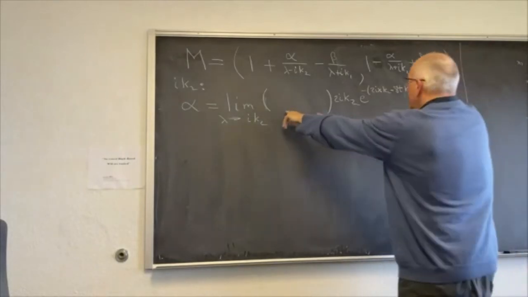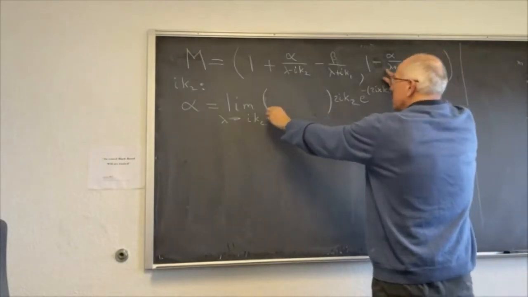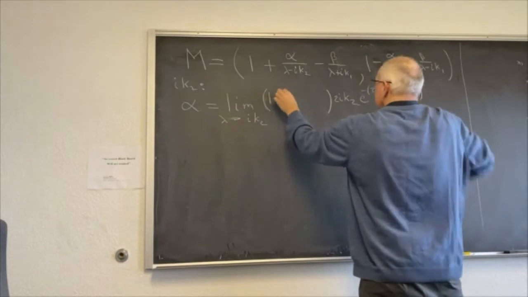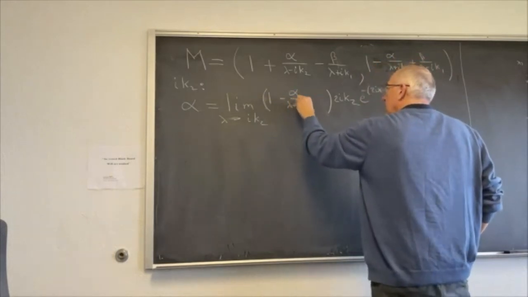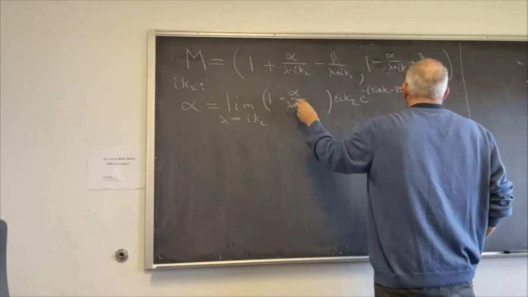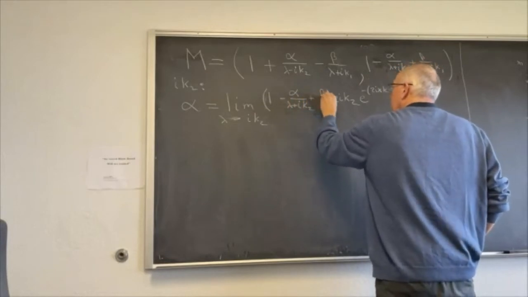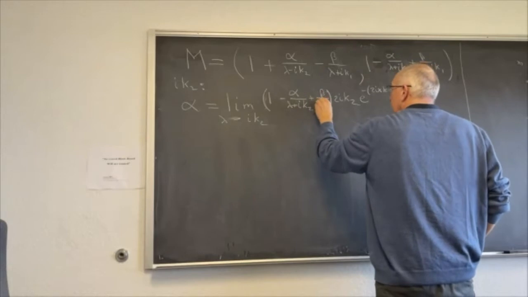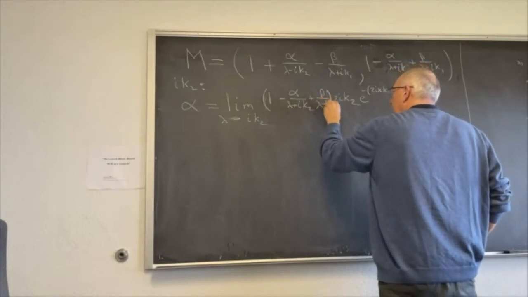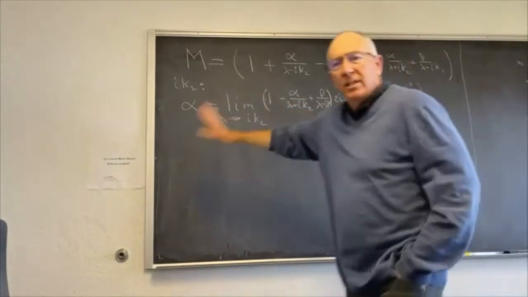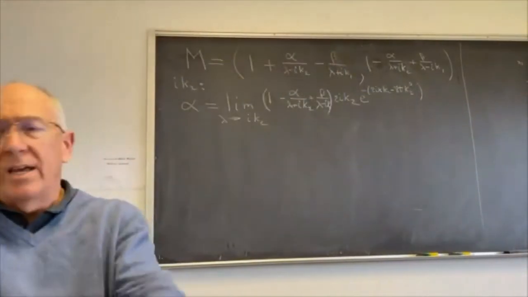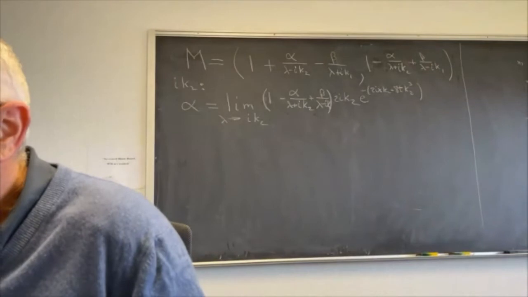So inside of here, I have to write M2, which is this, 1 minus alpha over lambda plus iK2 plus beta over lambda minus iK1. So this is the equation that you get by staring at that first residue condition.